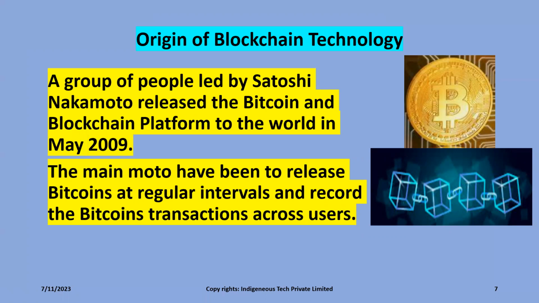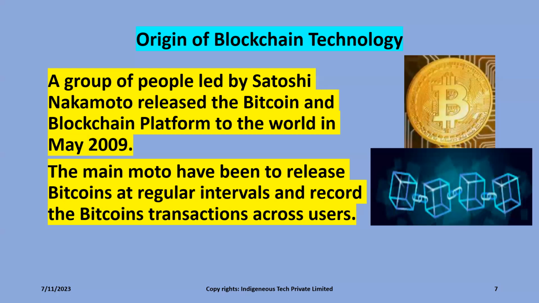He uploaded the blockchain technology or the software into a public repository in May 2009 and started this blockchain. Afterwards, he is not traceable. Now, a group of people are trying to oversee the blockchain functioning. However, the blockchain functions automatically as per the design and plan of this team till today.